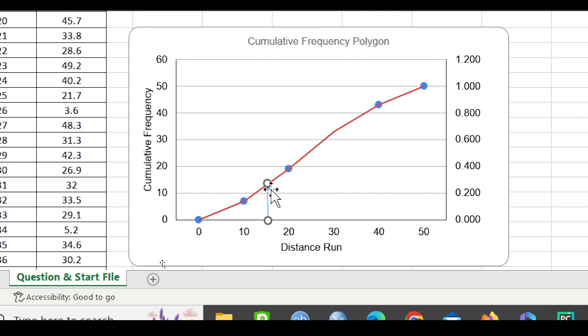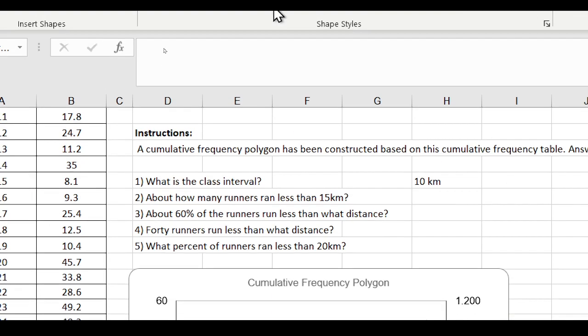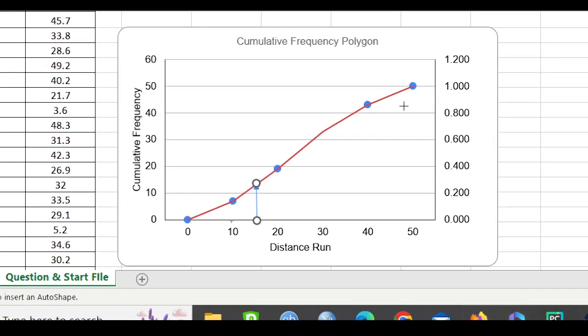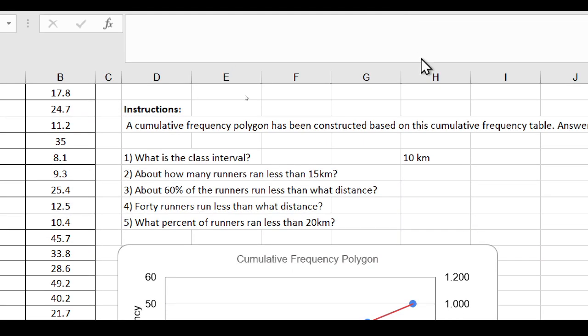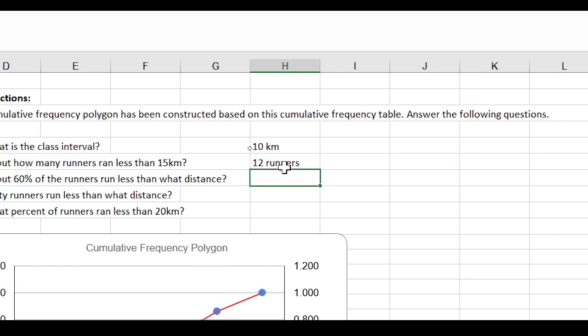So I'm going to go from that point across to your cumulative frequencies on the left axis. Let's draw that. My guess would be 12 or 13 runners, approximately.